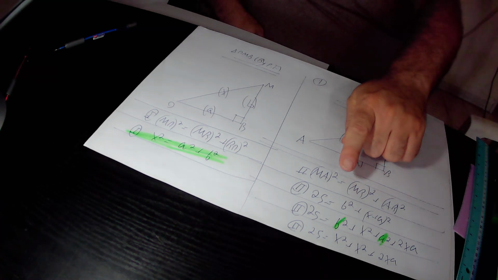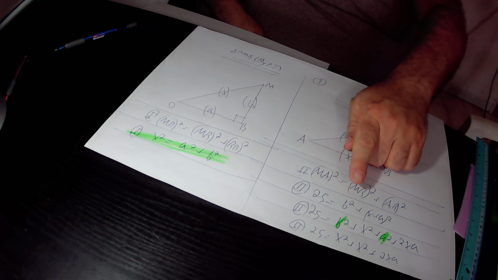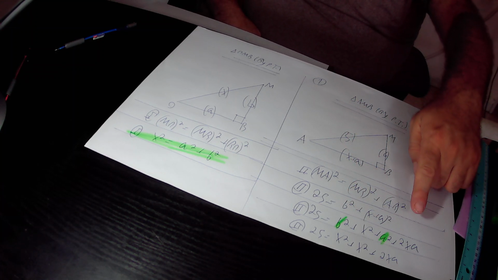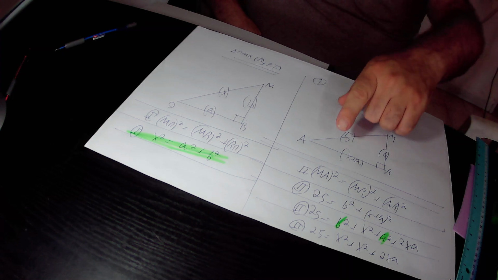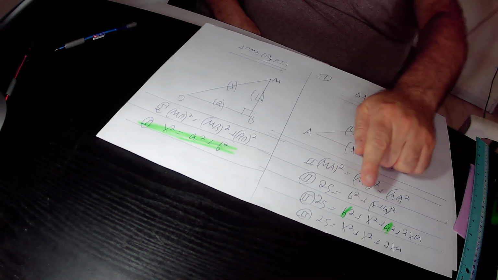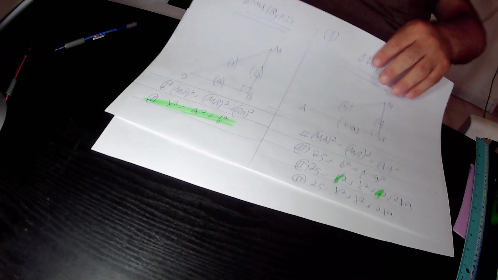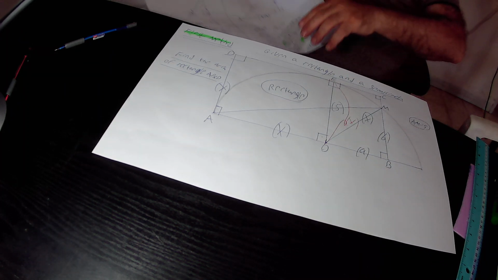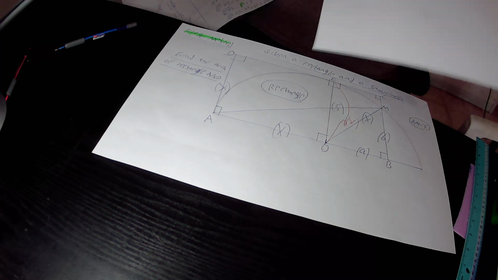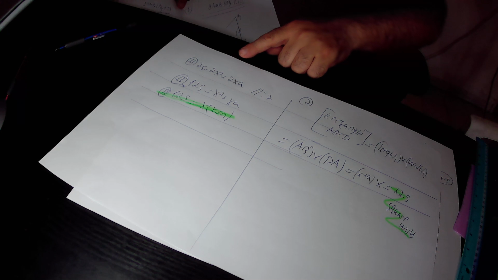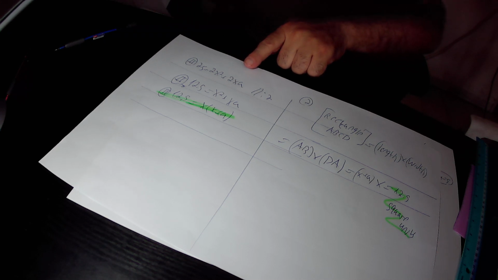We found out that 25 equals x squared, and we have x squared again plus 2xa. So in total, according to equation 2, 25 equals x squared plus x squared, that is 2x squared plus 2xa.